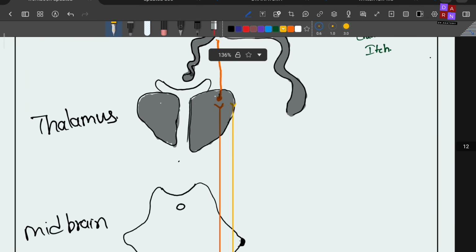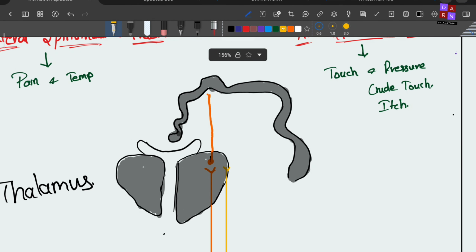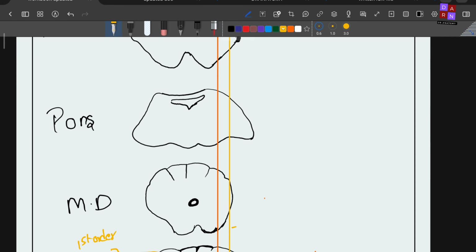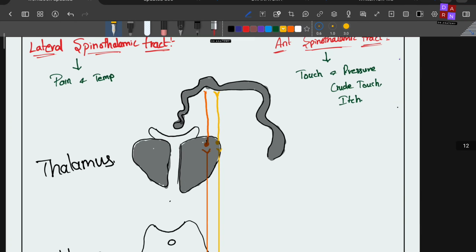From the posteroventral nucleus of the thalamus, it ascends up to the cortical area. So this is your first order neuron, this is your second order neuron, and this is your third order neuron.